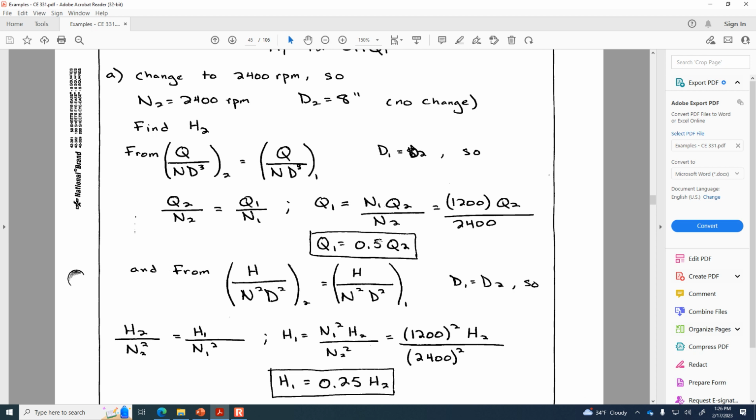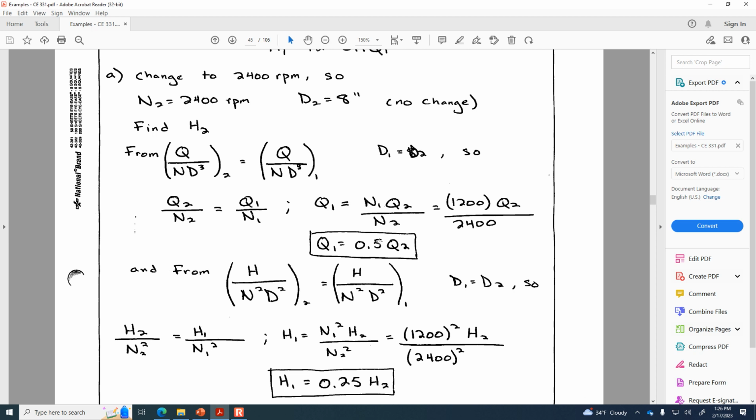Okay, so there is the Q relationship, there's the H relationship, which is H1 is 0.25 H2. And then this is relating Q and H1. So the last substitution is 0.25 H2. I put that instead of H1 on the left-hand side of the equation.